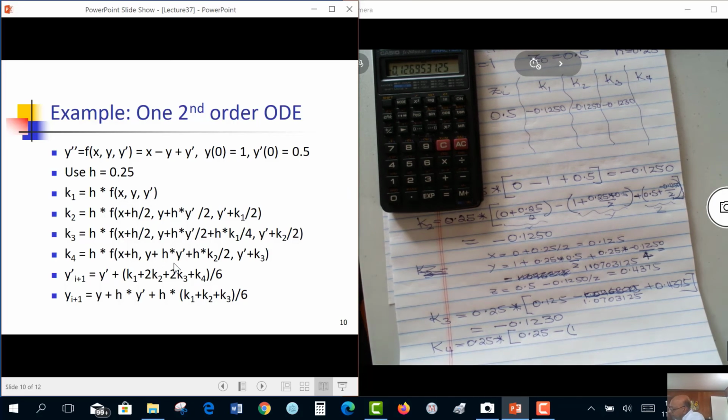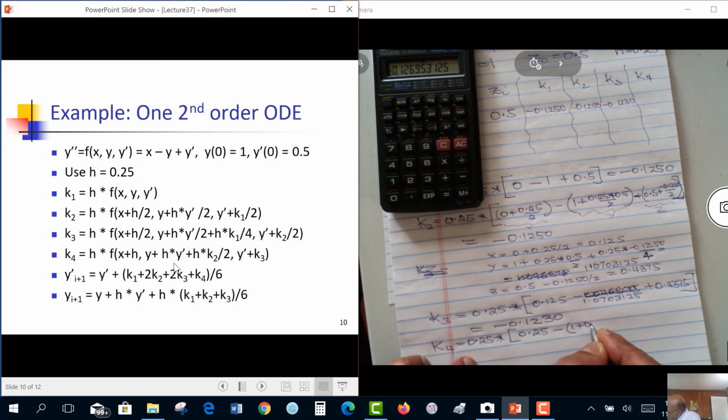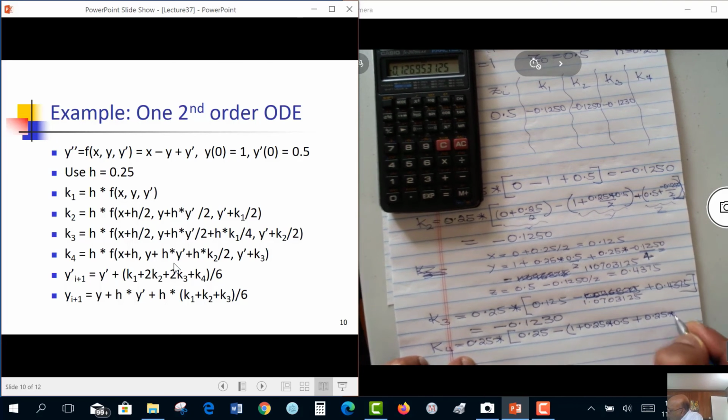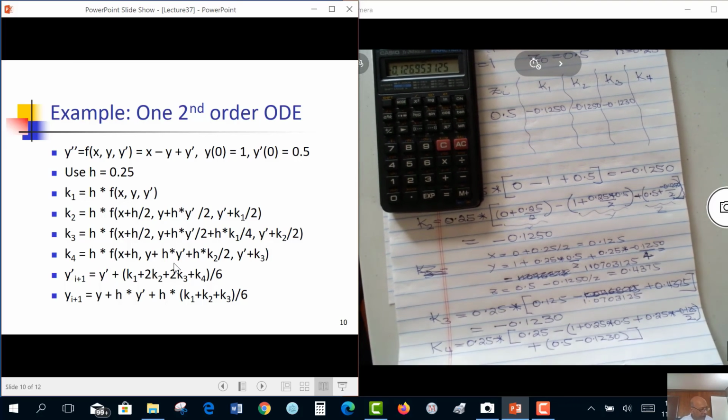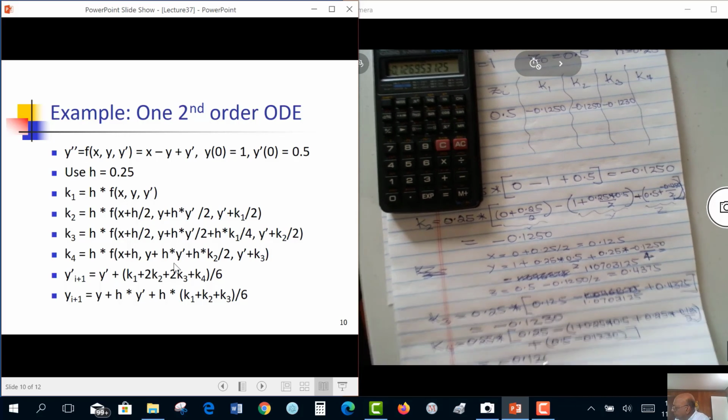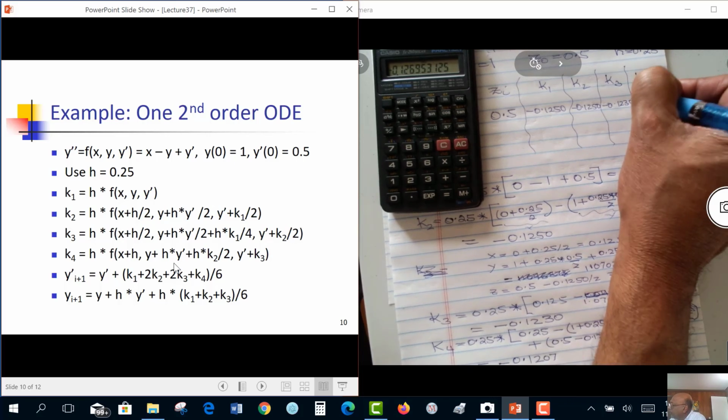Y plus hz plus hk2 over 2 plus z, which is 0.5 plus k3. K3 is minus 0.1230. So we calculate all this and we will get minus 0.1207. Minus 0.1207.